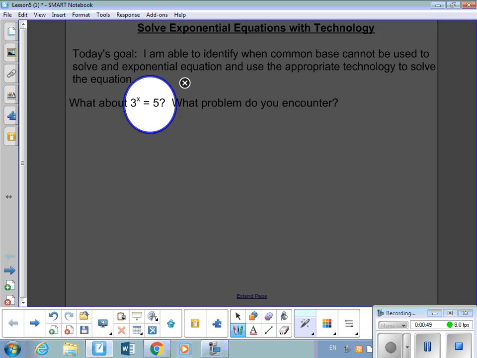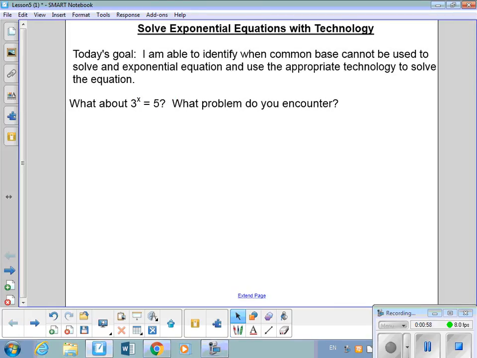You can see with 3^x equals 5, there is no way that I can turn that 5 into a base of 3. So what we learned the other day just isn't going to work. So that's the problem that we encountered. We cannot somehow change 5 into a base of 3. And let's face it, the world doesn't have perfect numbers that allow us to do that anyways in most cases.